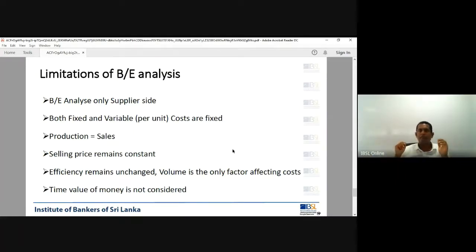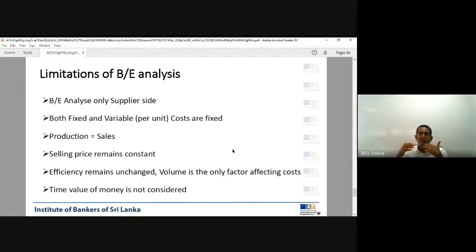I think I discussed this also with you last time, but I'm just pushing you through, right? So we are not bothered about the demand for my product. And again, when we are calculating this, we consider sales equals the production. And again, we think the variable cost per unit and the fixed cost are fixed.